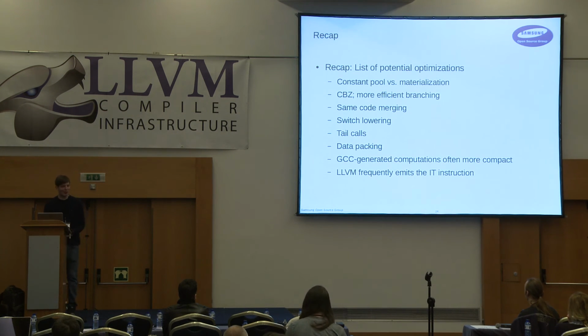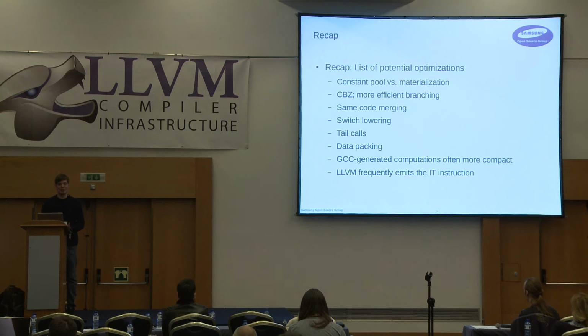Okay, that already completes all the examples I wanted to show. Let's have a quick recap of what kind of code generation issues or potential for improvement we can see here. Obviously, one consistent pattern is that GCC is using constant islands rather than materializing a lot of constants.